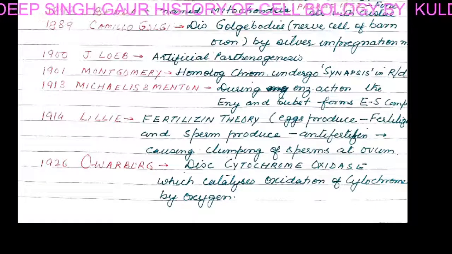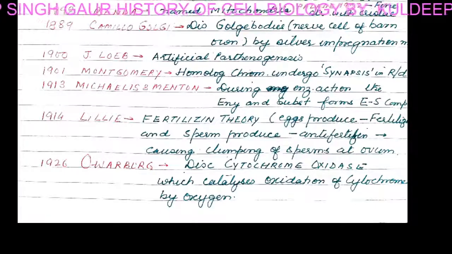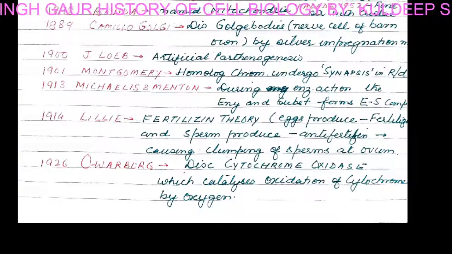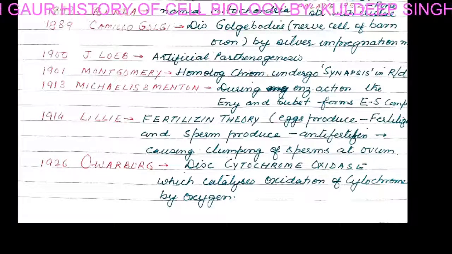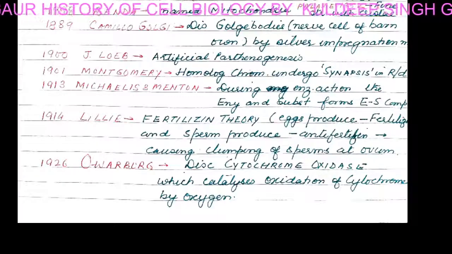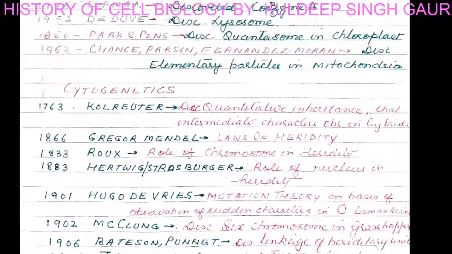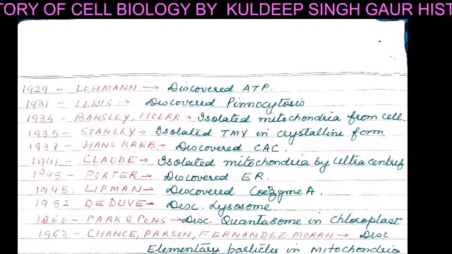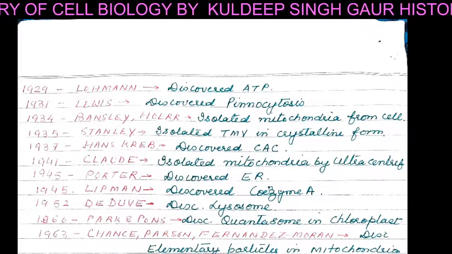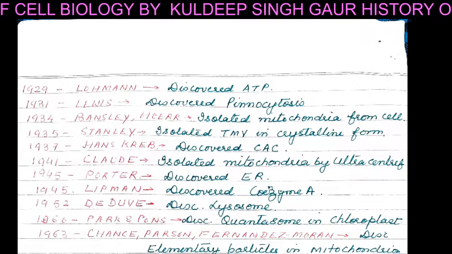In 1926, O. Warburg discovered cytochrome oxidase, which is related to catalytic oxidation of cytochromes by oxygen. Then 1929, Lohmann discovered a very important molecule which is adenosine triphosphate.